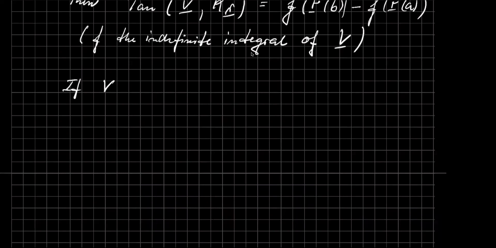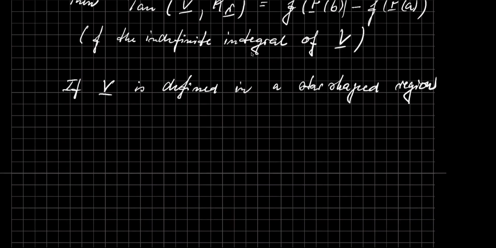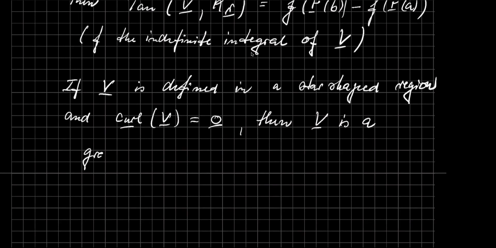If the vector field is defined in a star-shaped region, and the curl of v is equal to the zero vector, then v is a gradient field, or gradient vector field.